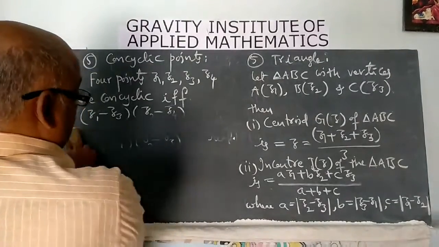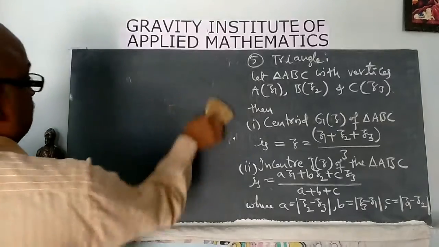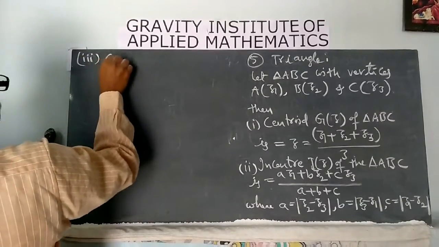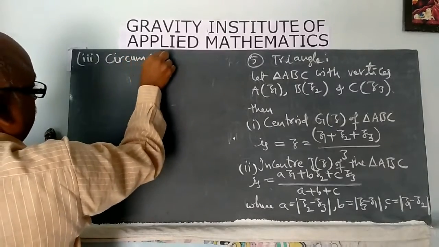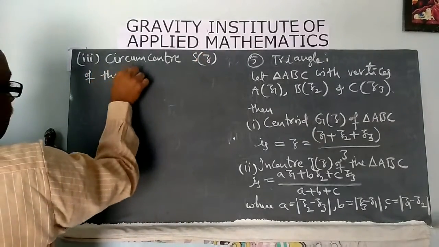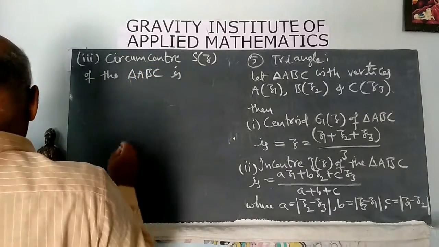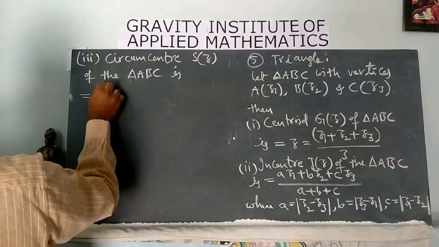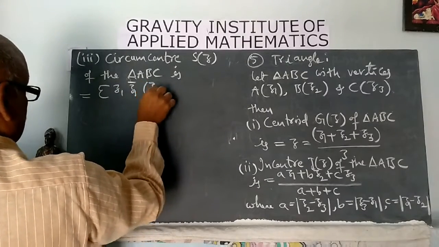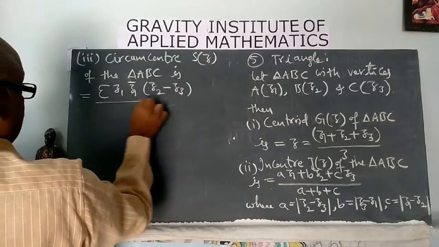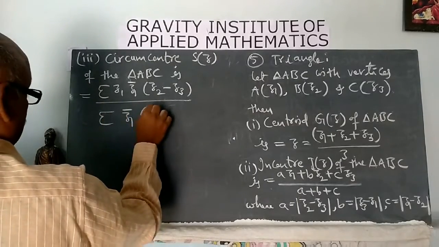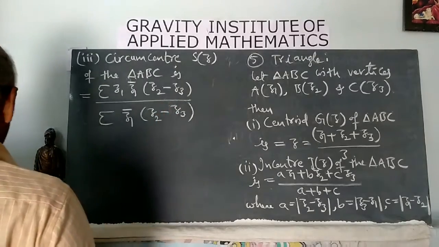Next, third subpoint. Circumcenter S of Z of the triangle ABC is equal to sigma Z1 Z1 bar into Z2 minus Z3 whole by sigma Z1 bar into Z2 minus Z3.